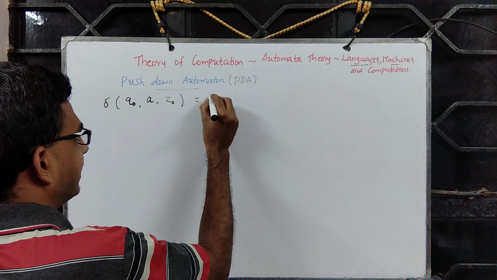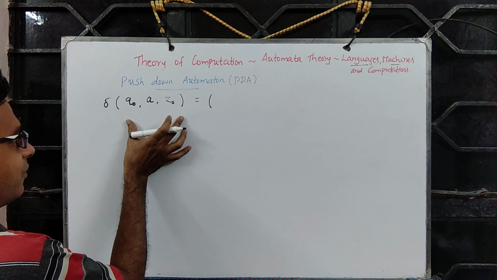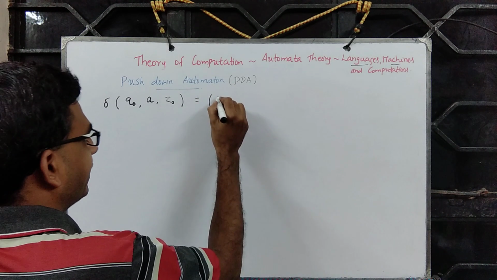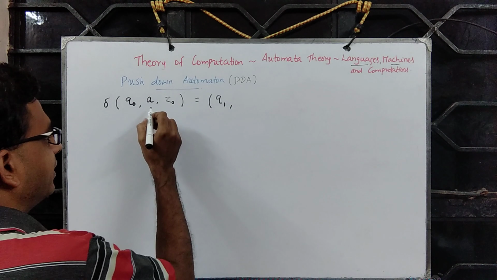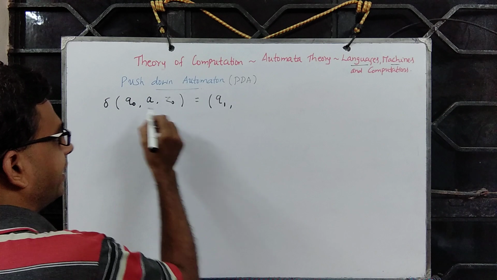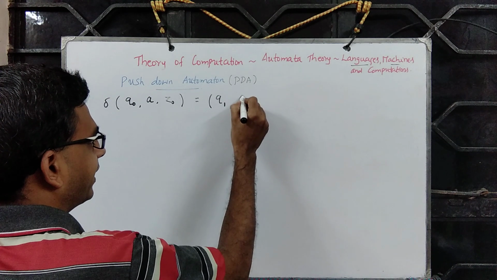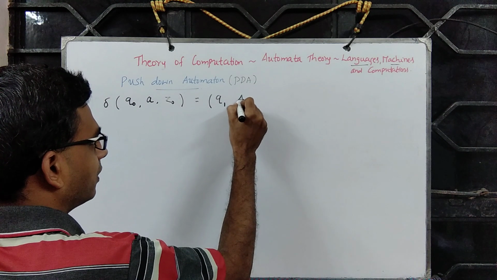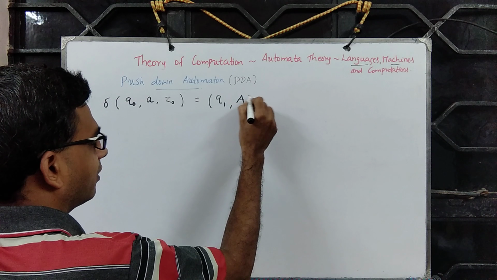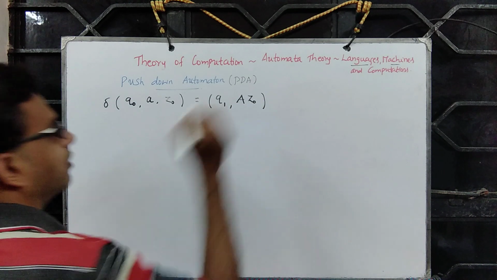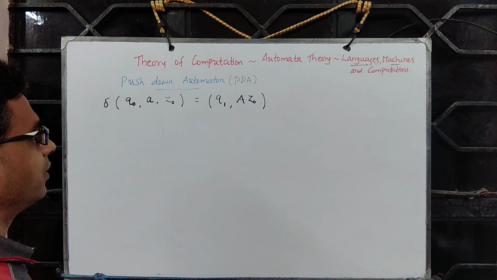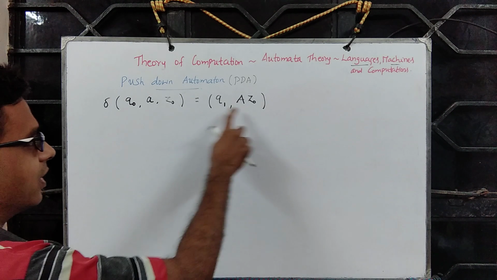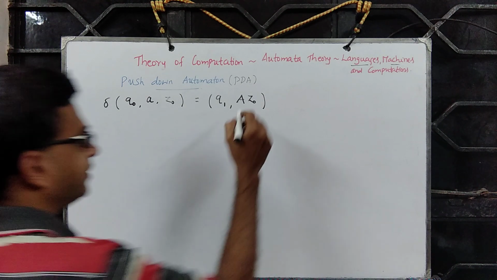So what we say is, if this is the configuration, we go to a state, say Q1, and then for this A, we push a capital A, and below that you see Z0. So we always write the top two symbols of the stack.